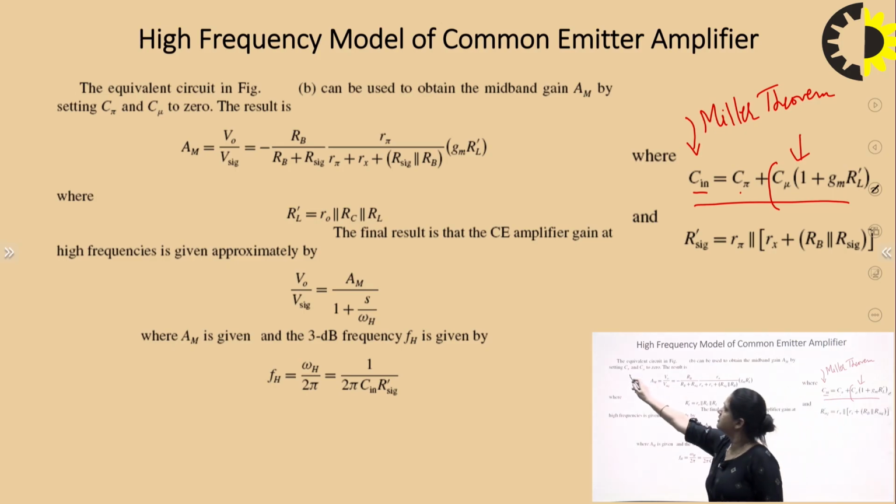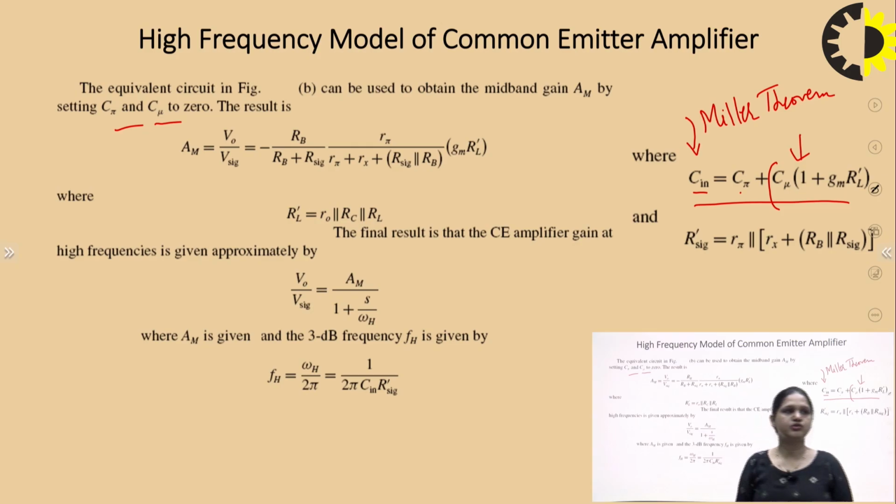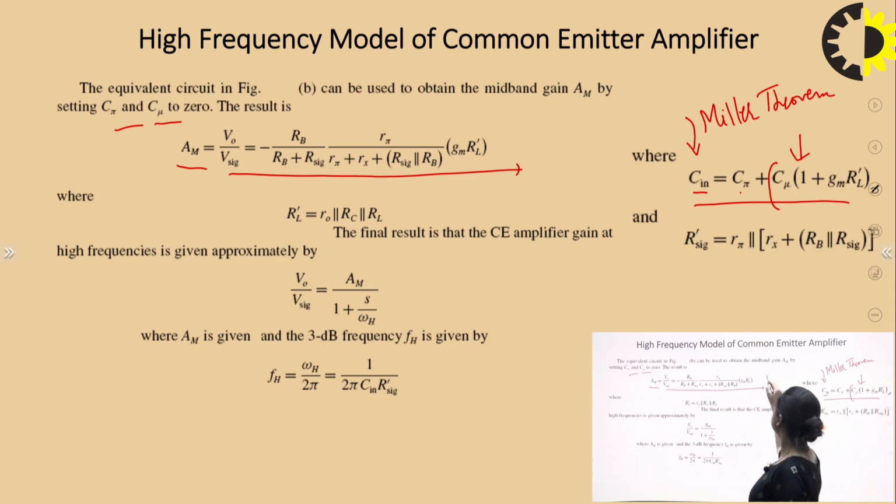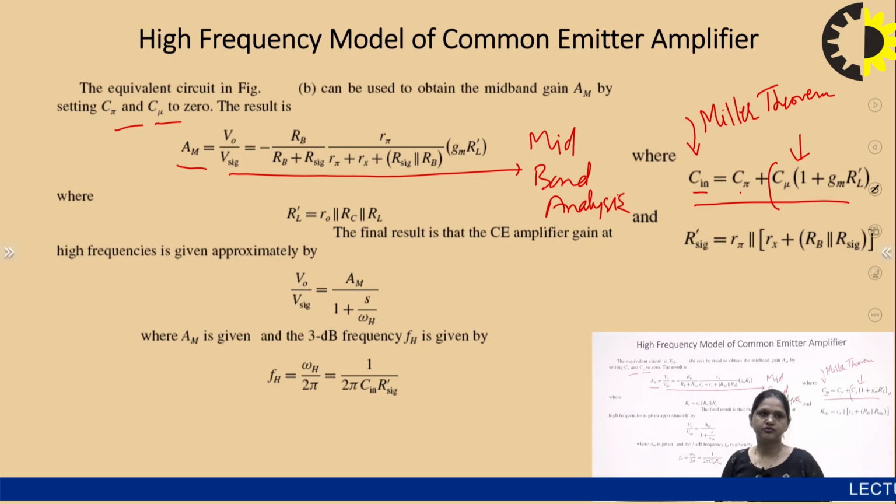If we set C pi and C mu equal to 0, then we can calculate the mid-band gain AM. This expression is from the mid-band analysis of unit 1, where we neglected all the capacitances. So you can directly write this expression or you can derive it.